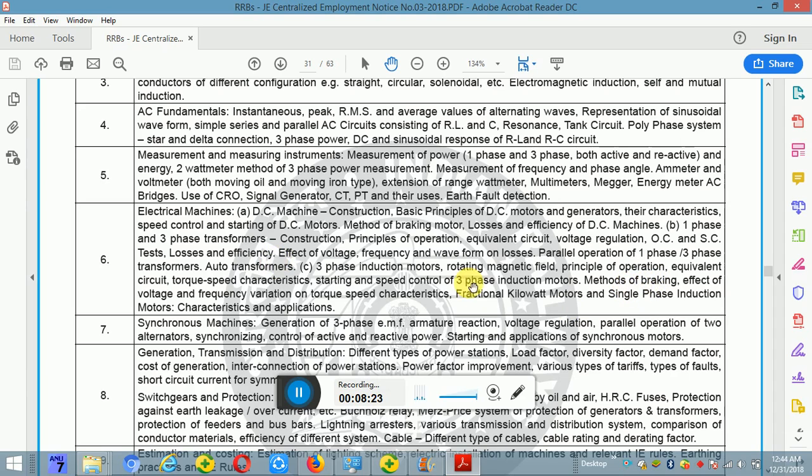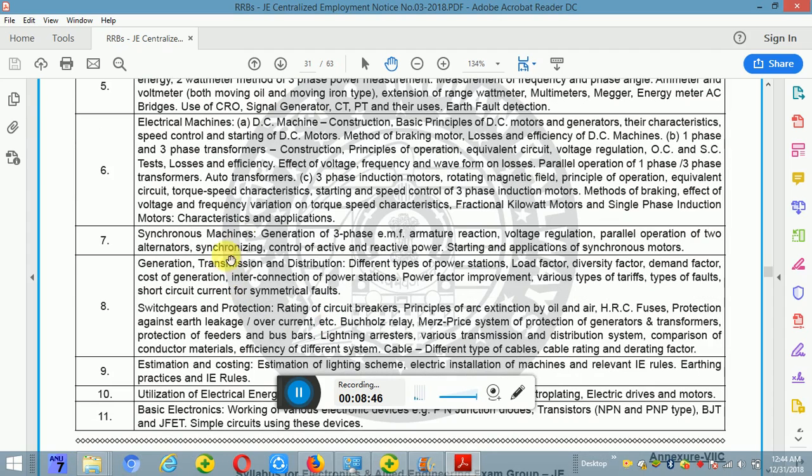Regarding DC motors and generators, DC motors and induction motors, and the effect of voltage and frequency and torque speed characteristics. What is the effect of speed, torque speed characteristics, voltage and frequency variation, single phase induction characteristics and application.